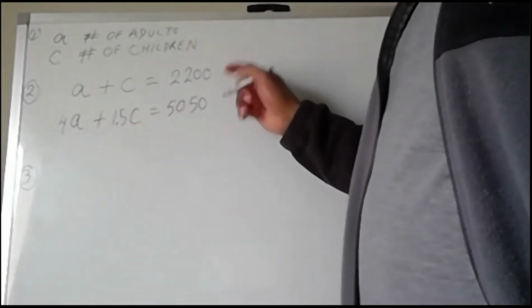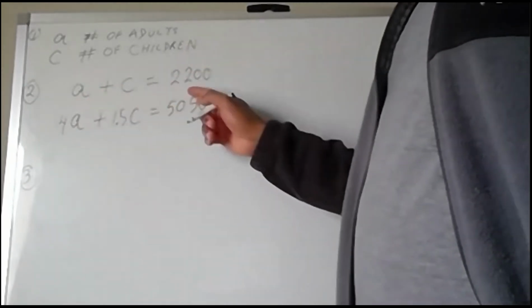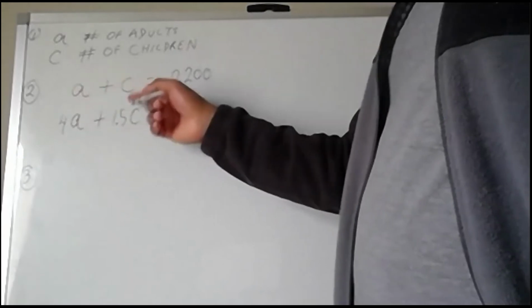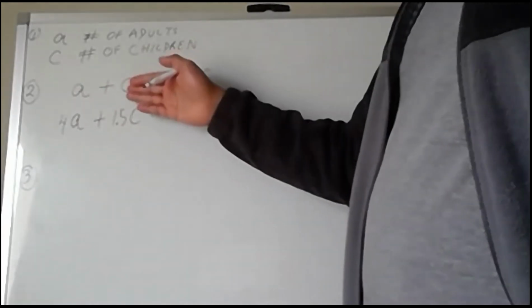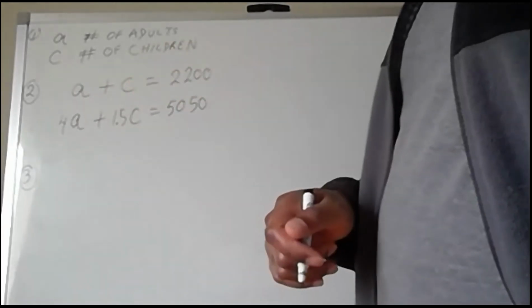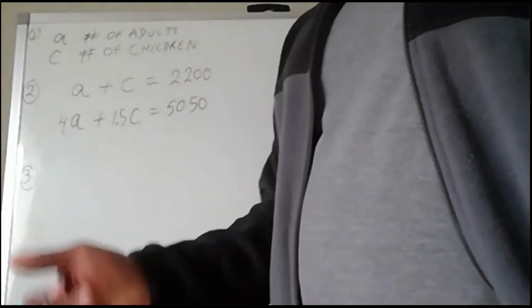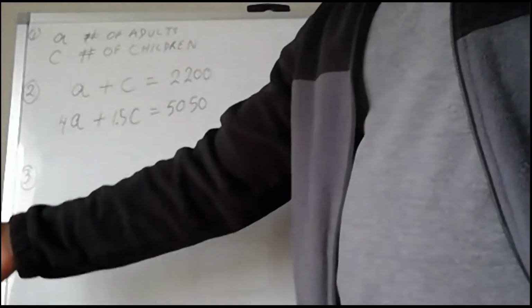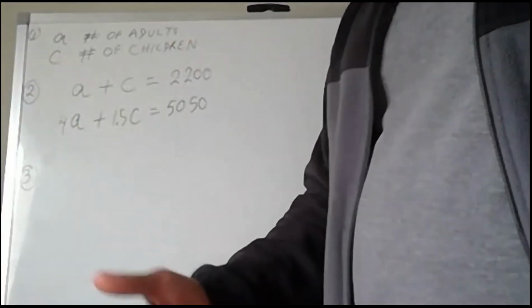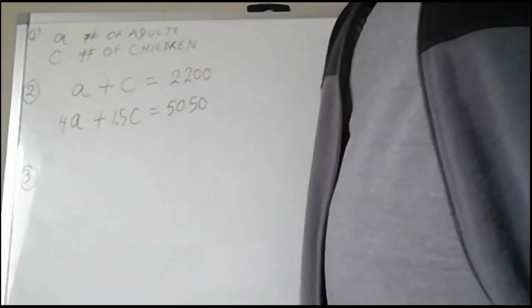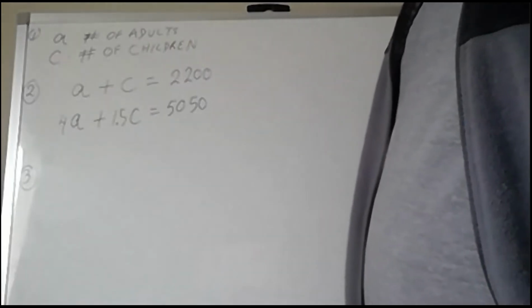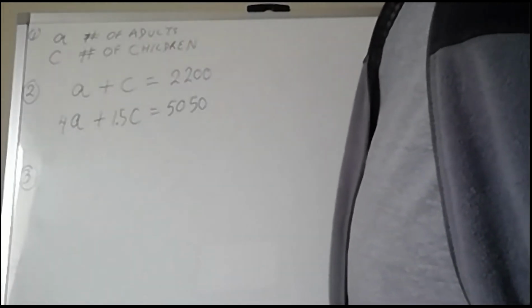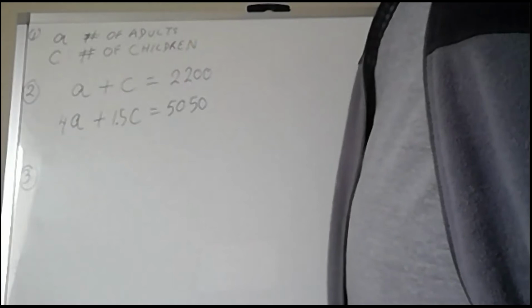But before I can do that, I need to rewrite it so that it says either A equals everything else or C equals everything else. It doesn't matter which variable you choose. You could choose to make it say A equals everything else, or C is equal to everything else. I am going to make it say A is equal to everything else.